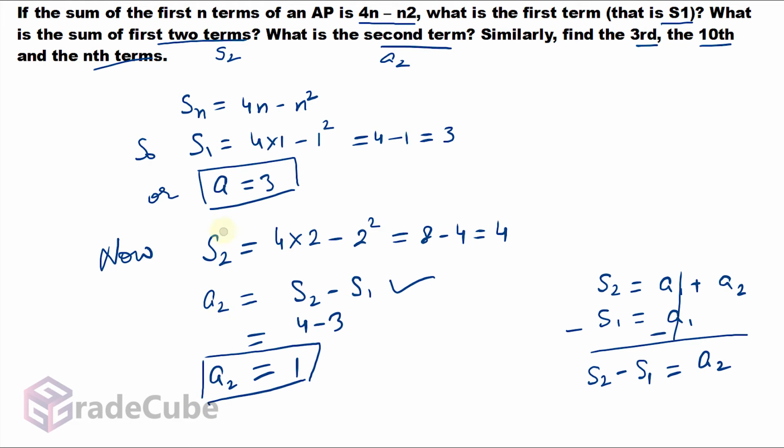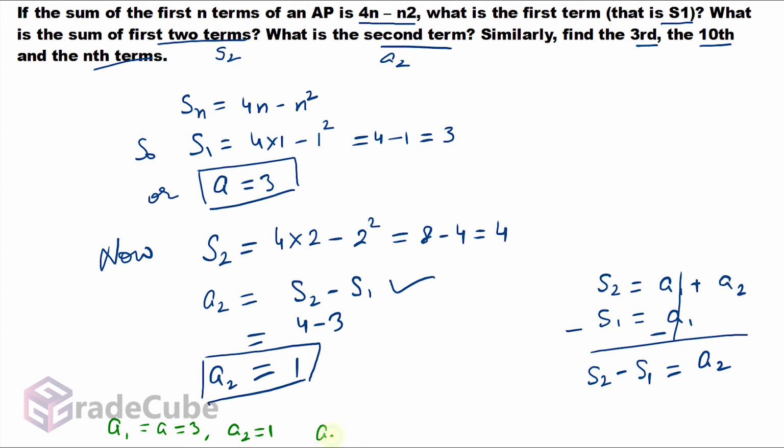Now you know the first term and the second term. So a1, or simply a, is 3, a2 is 1, and we have to find a3, a10 and an.